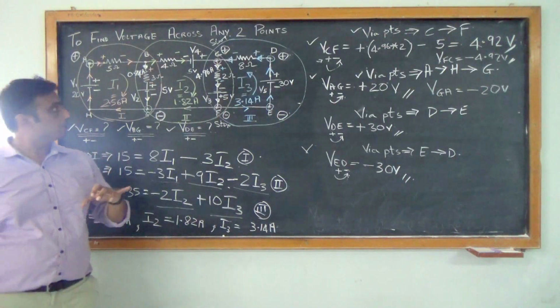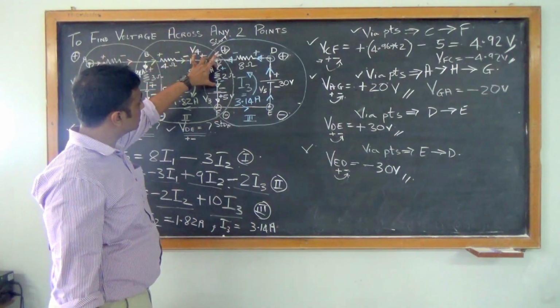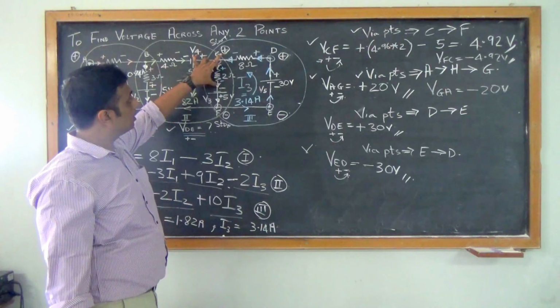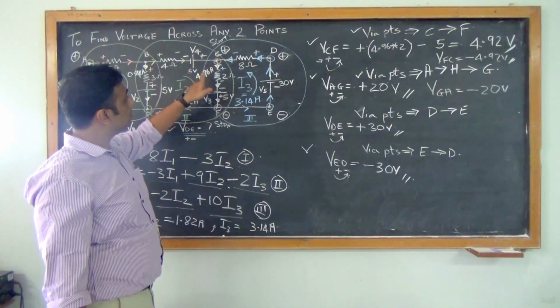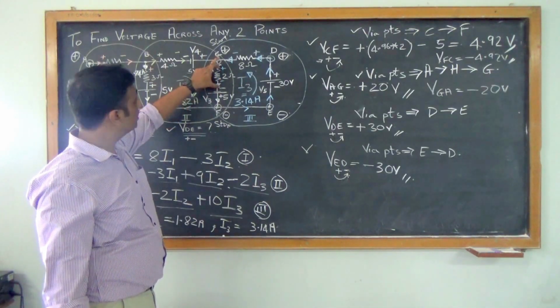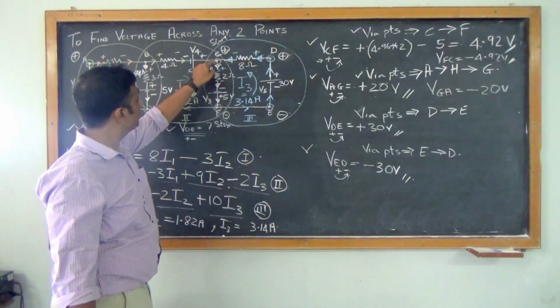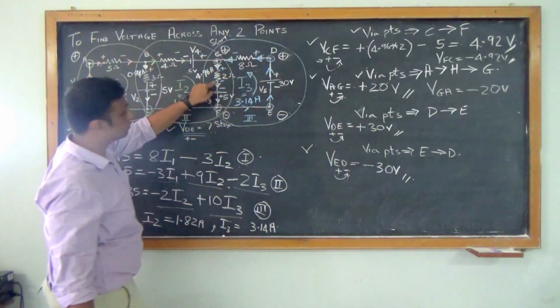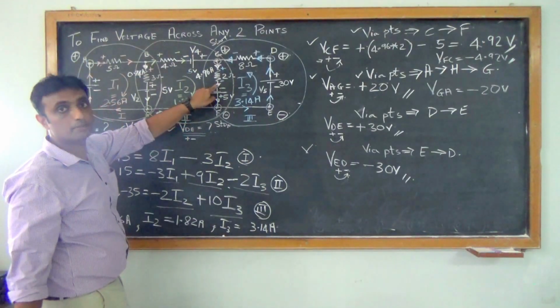Now say for example, if I want to find the voltage across this resistor, it will be V equals I into R. But I can even find the voltage across this, which will give me the same, and the voltage across this, which will also give me the same.